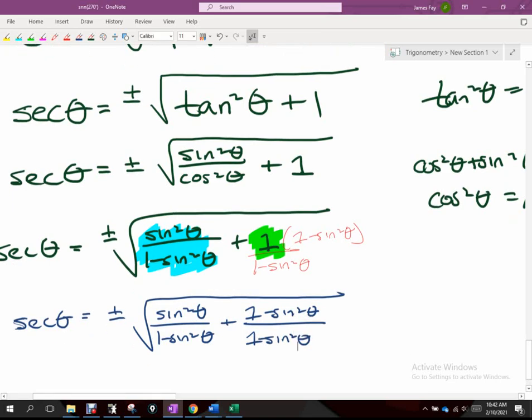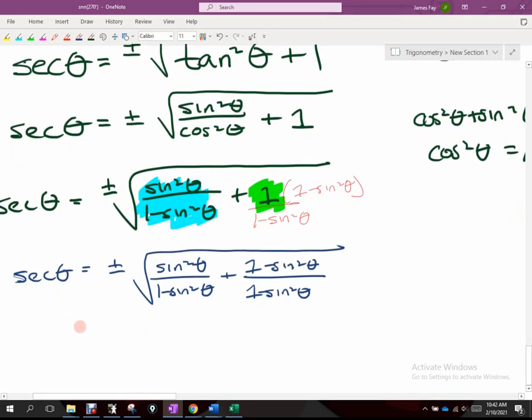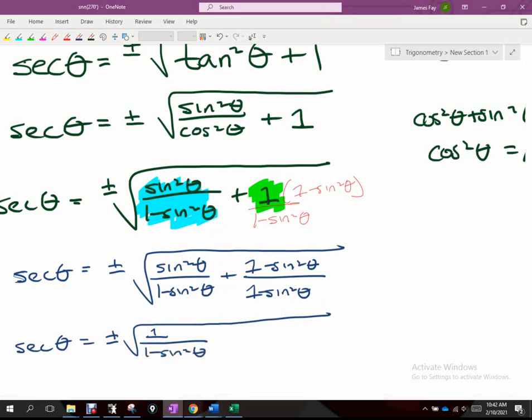Is that okay with everybody? So then secant theta equals plus or minus. What's this numerator going to turn into? 1 over 1 minus sine squared theta, right?